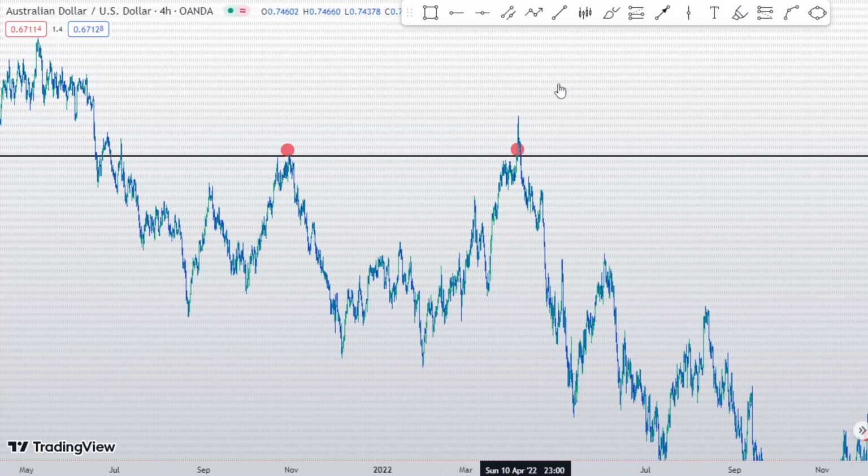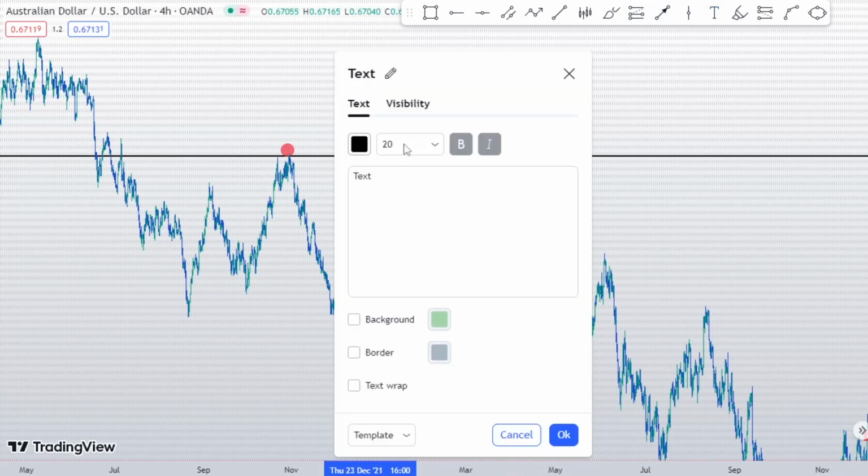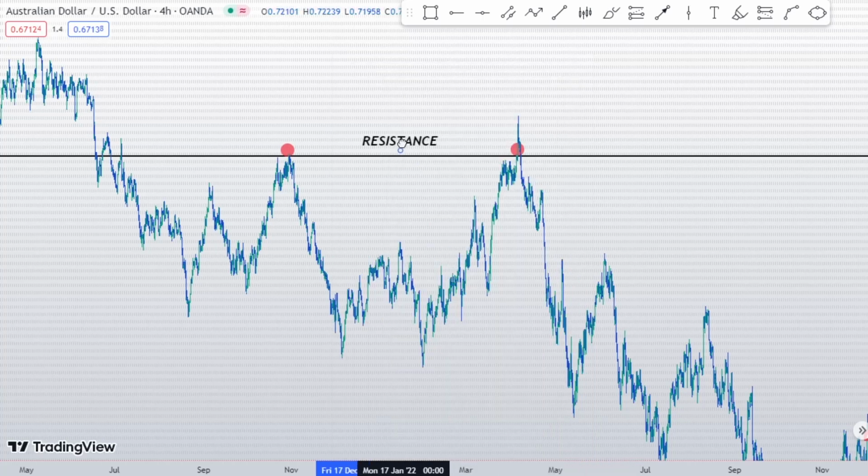This was our level here, and the market went down, came up and broke this level, went up and then came back again to this level. This was our resistance level.